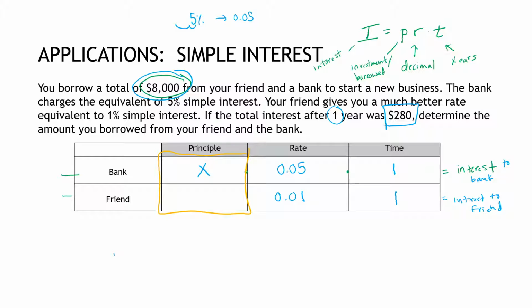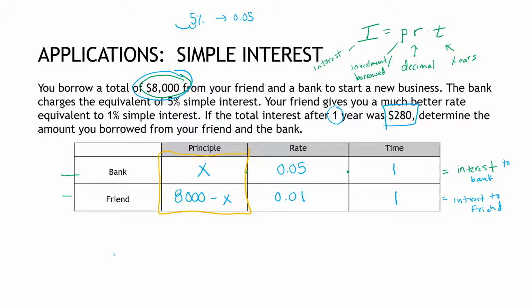Well, let's say X was 1,000. That means 7,000 from my friend. What if X was 2,000? That means 6,000 from my friend. How am I finding those numbers? Because I know they add up to 8,000. So if I take 8,000 minus whatever I borrowed from the bank, I get what I get from my friend. So that means this is 8,000 minus X.